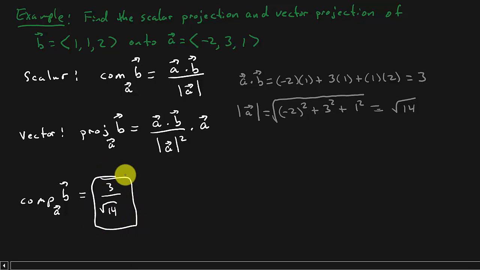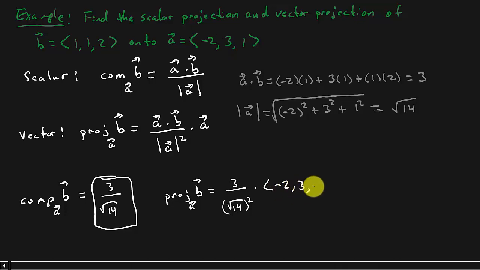Some tough stuff, isn't it? How about that? And now let's do the vector projection. The vector projection of B onto A is equal to the dot product, which is 3, over the magnitude squared, so that's the square root of 14 squared, times vector A. And what's vector A?